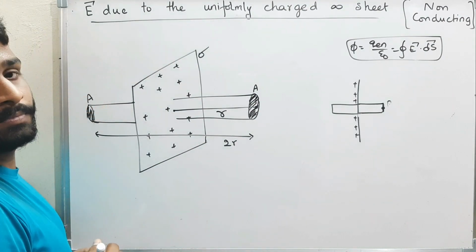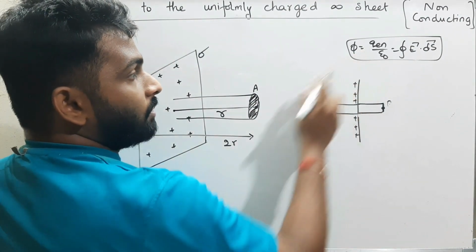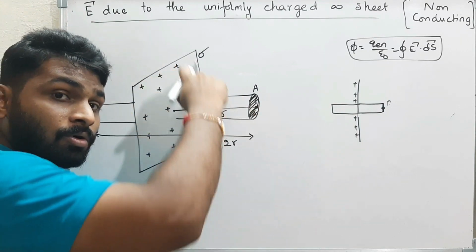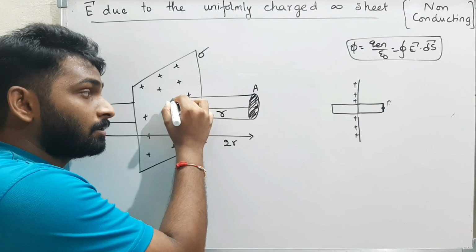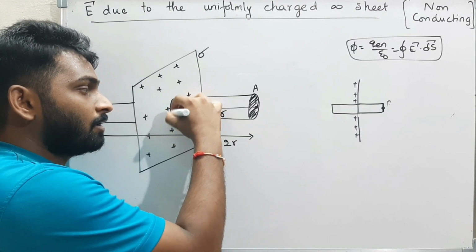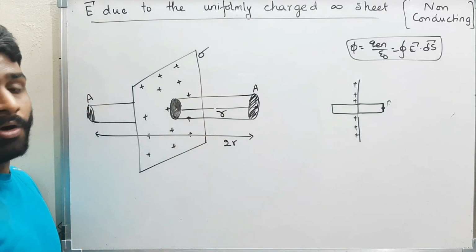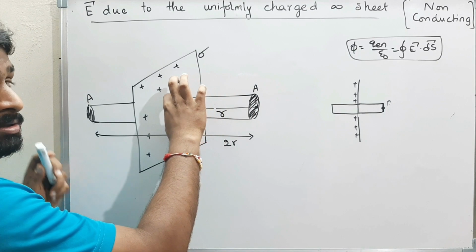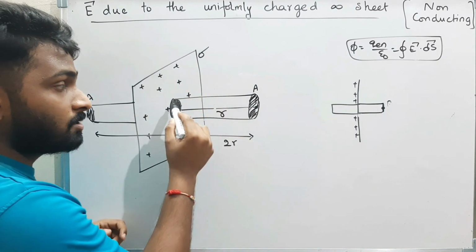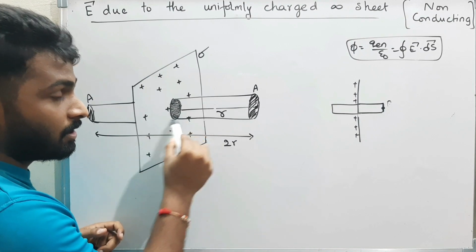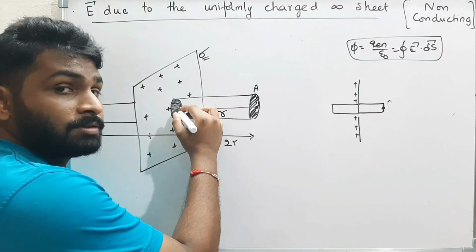Now, what is the charge enclosed in this Gaussian surface? Observe carefully. Out of this whole sheet, only this much of sheet is present in this Gaussian surface. That means the charge present in this much of sheet is the only charge present in this Gaussian surface. What is the charge enclosed?